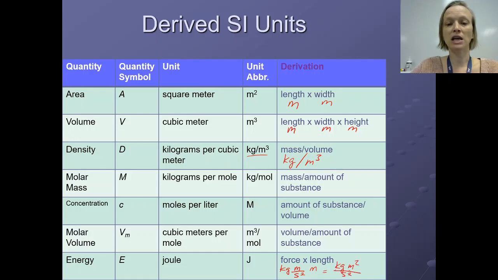That's a big clunky unit, so scientists came up with an abbreviation for it, joules, because it's shorter to write. But my point is that every other unit you might use in science class is derived from those 7 base units that I showed you previously. We'll look more at derived units later. This was just a brief overview to contrast base units from derived units.